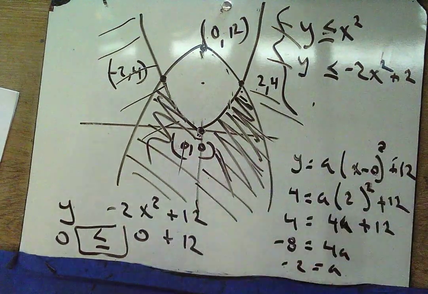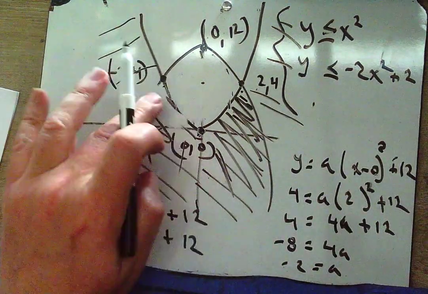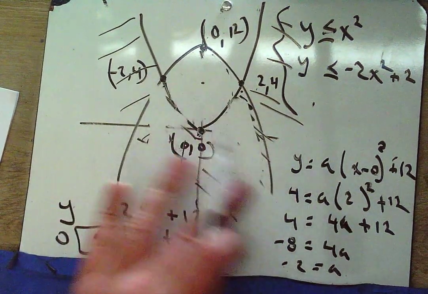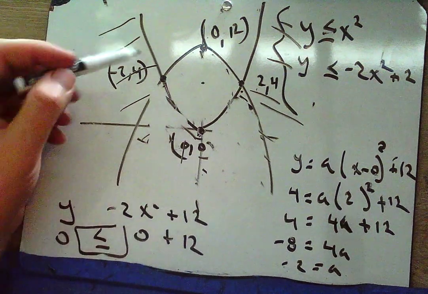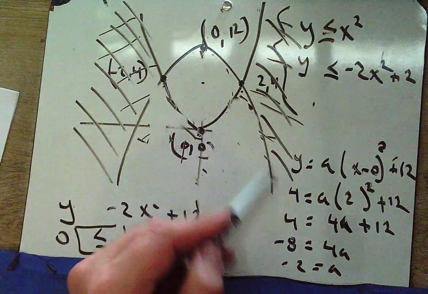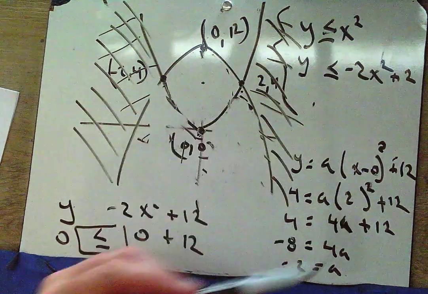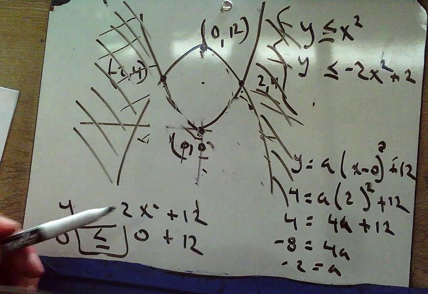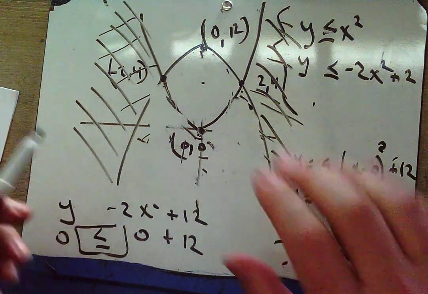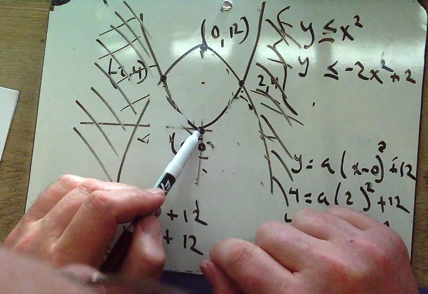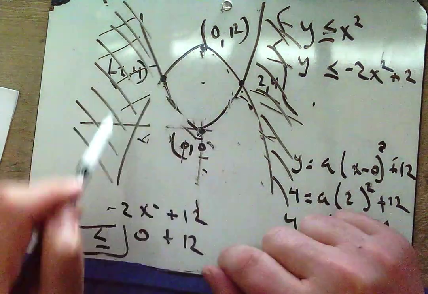All right. What if I have this shading? Again, that's not going to change the equations, but it does change the inequality. Which one changes? Well, I want 0, 0 to be a no for the down-pointing parabola.